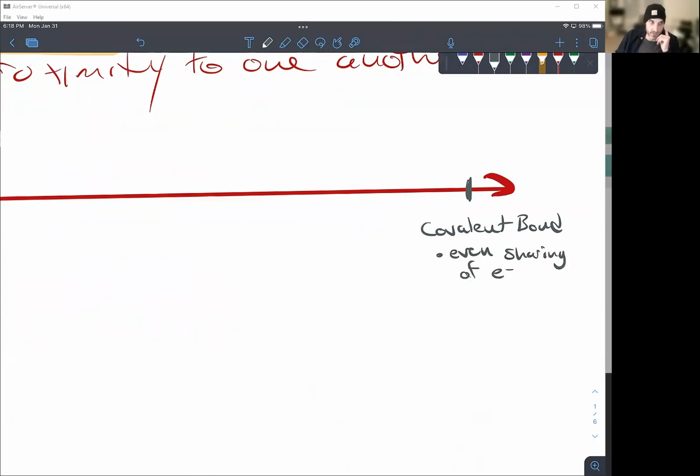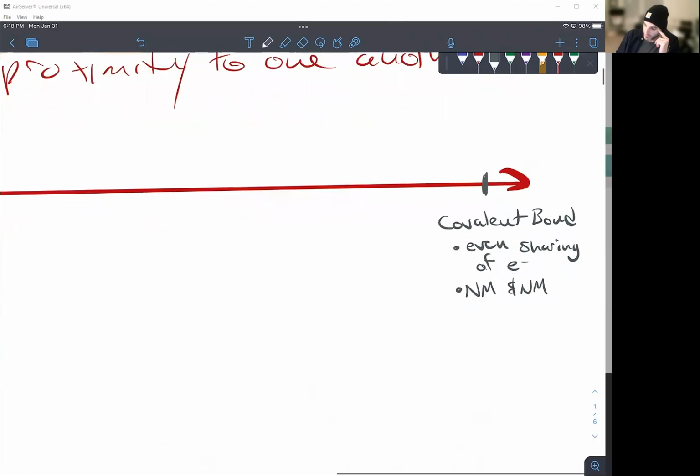So if I have 2 electrons in between, they're going to share it. Okay, this is typically, or in fact always, a non-metal combined with a non-metal, because 2 metals would be a metallic bond, which we kind of gloss over in a lot of ways, but non-metal combined with a non-metal creates that type of bond.